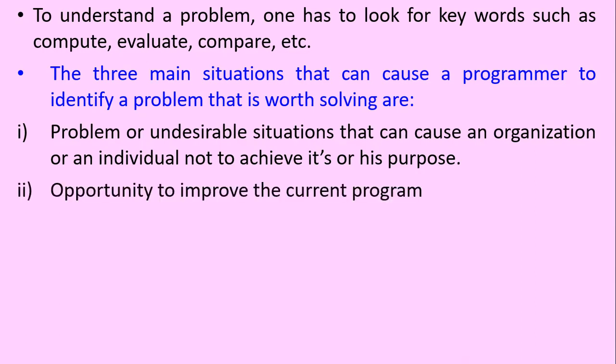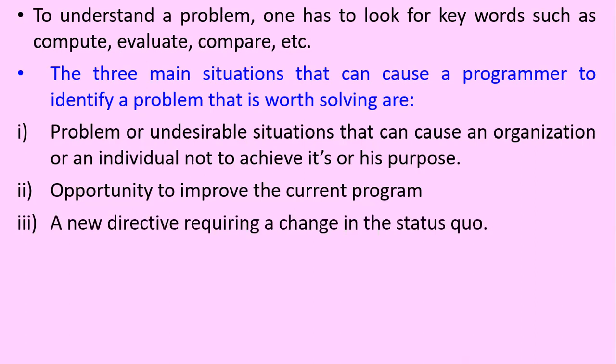Number two is when there is an opportunity to improve the current program. And number three is when a new directive requiring a change in the status quo is issued, for example, by the government or any other individuals that are in authority.